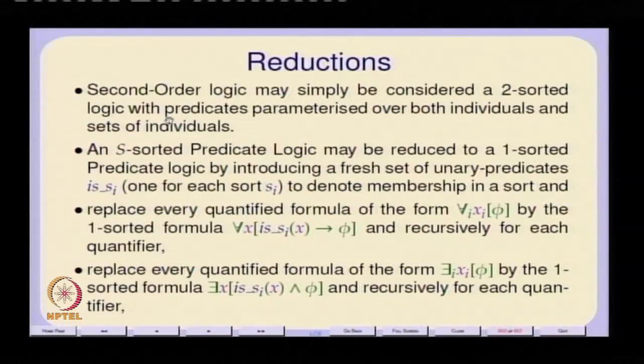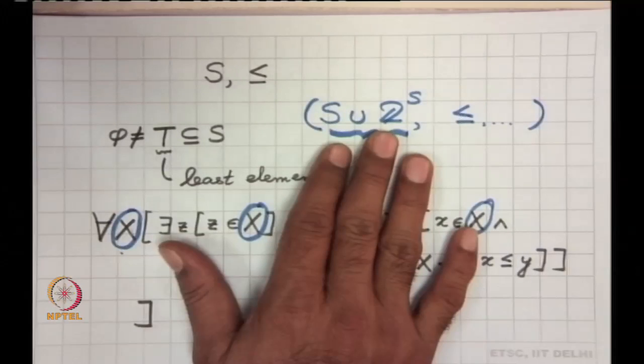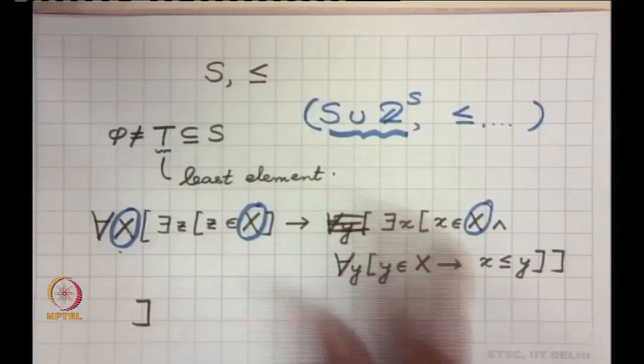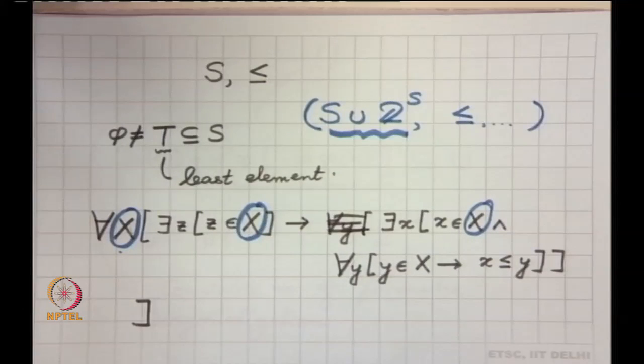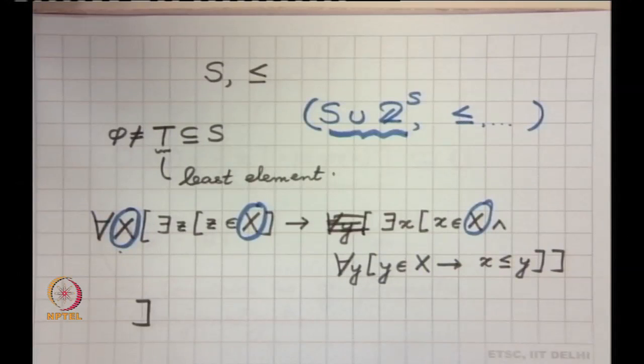Once we have this many sorted predicate logic, we can actually do one thing. Firstly, a second order logic such as this, which requires, as you can see, basically this notion of well ordering, is a second order predicate, simply because we need to be able to have two different kinds of individuals.